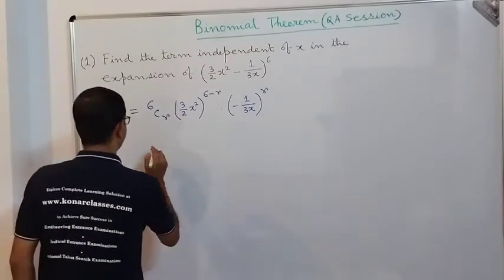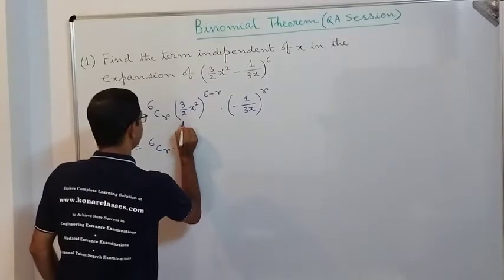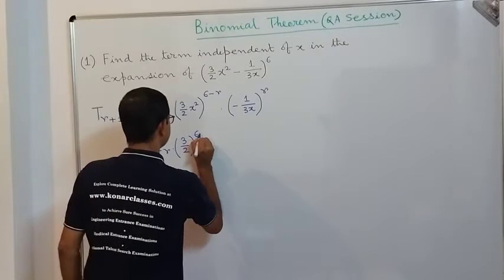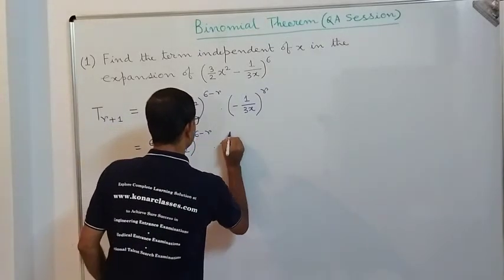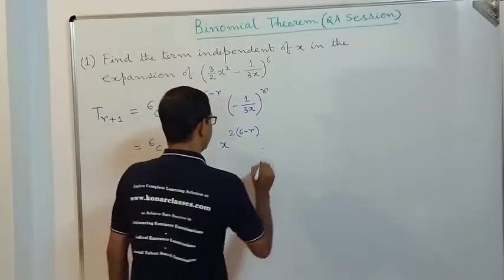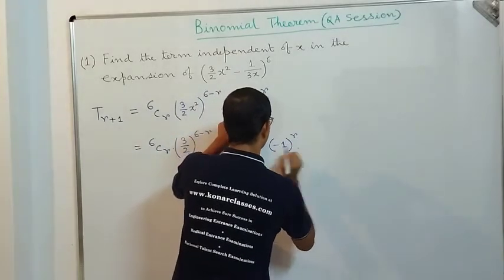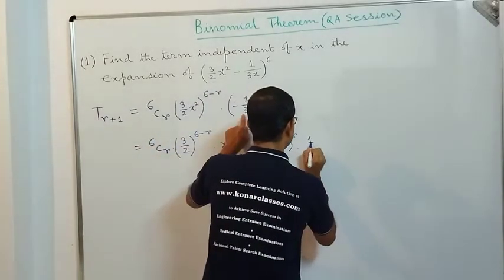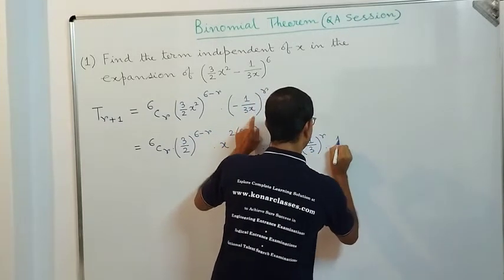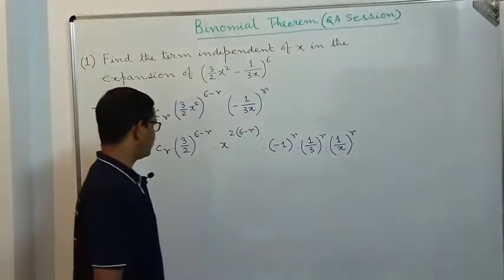Now if we simplify it, this is equal to 6Cr into (3/2)^(6-r) into x^(2(6-r)) into (-1)^r into (1/3)^r into 1/x^r.